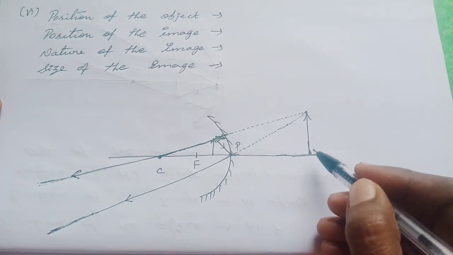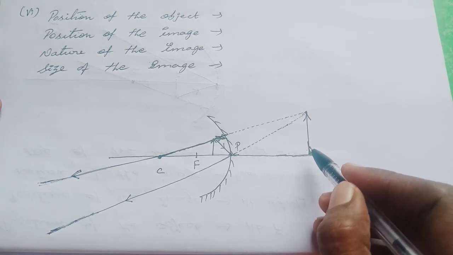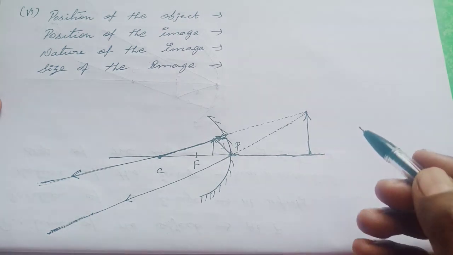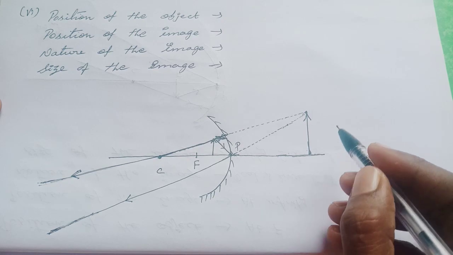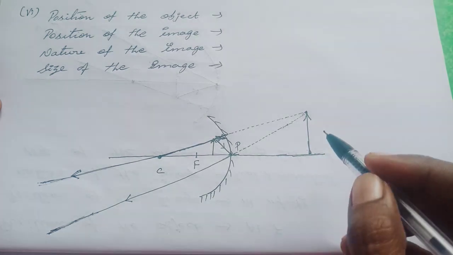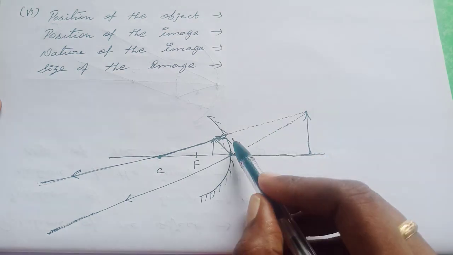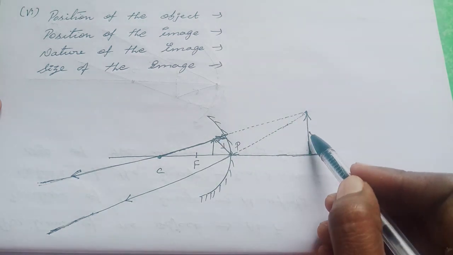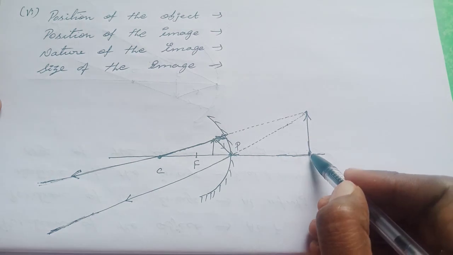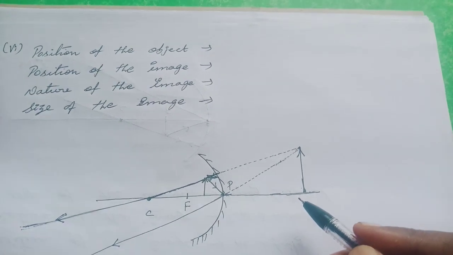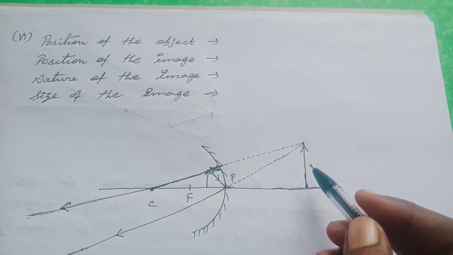So we can say that this image is not a real image, it is a virtual image, because we already know the image that cannot be obtained on the screen is called a virtual image. This image is forming at the backside of the mirror, therefore it cannot be obtained on the screen, so it is called the virtual image. Is it clear?